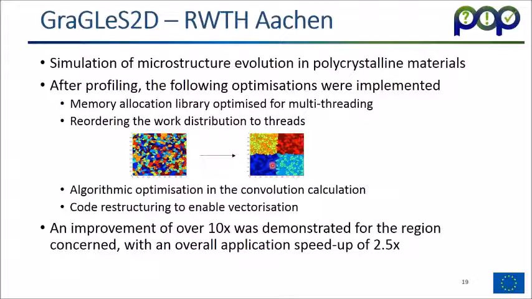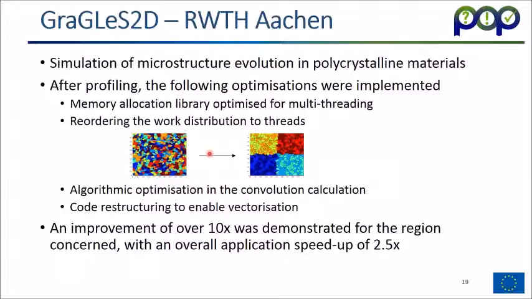And yeah, the overall application speedup was 2.5 times. The work done on this particular code is going to be the subject of a future webinar, so you'll hear about this one in a lot more depth if you tune in for that.